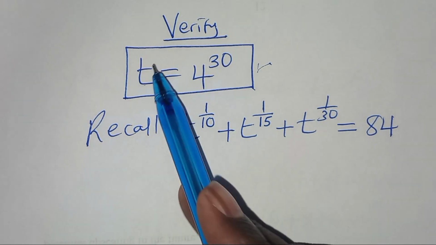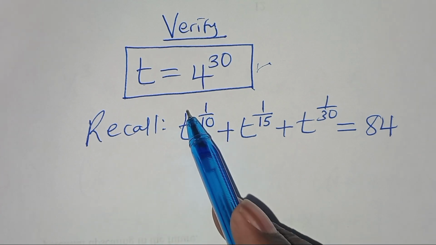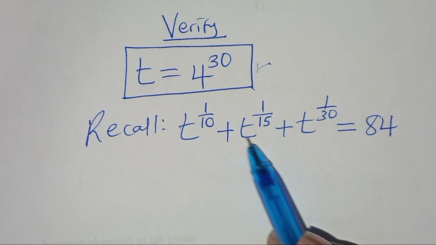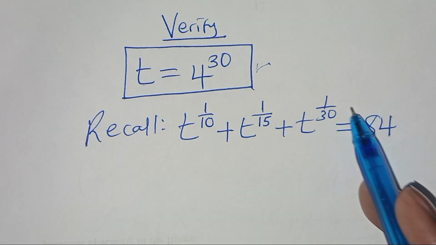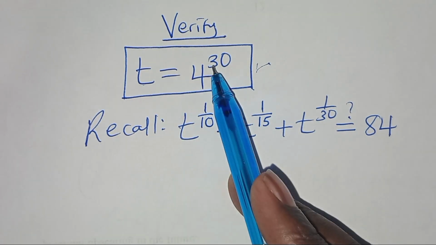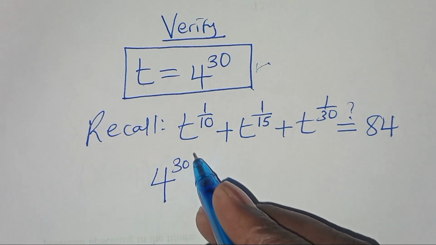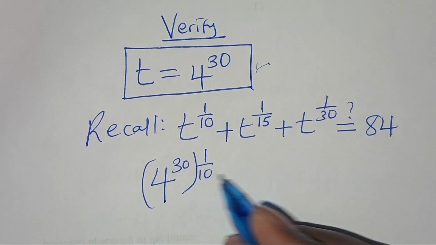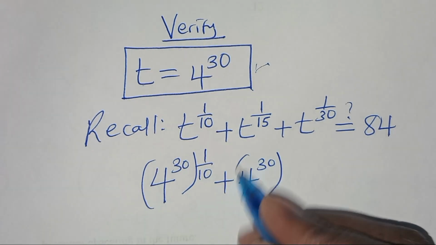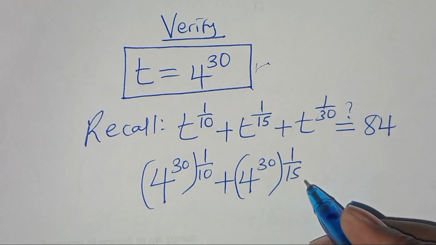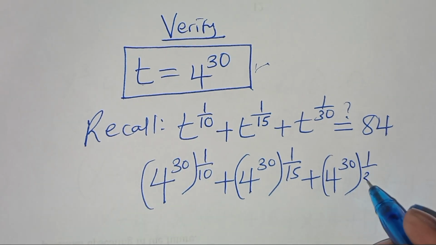Let's verify that the value of t, which is 4 to the power 30, satisfies the equation. If you recall, we ended at t to the power 1 over 10 plus t to the power 1 over 15 plus t to the power 1 over 30. This should give us a value of 84. Let's substitute the value of t. So we have 4 to the power 30 times 1 over 10 plus 4 to the power 30 times 1 over 15, then plus 4 to the power 30 times 1 over 30.